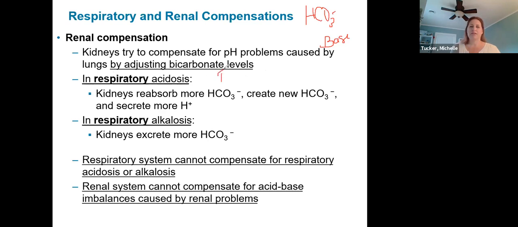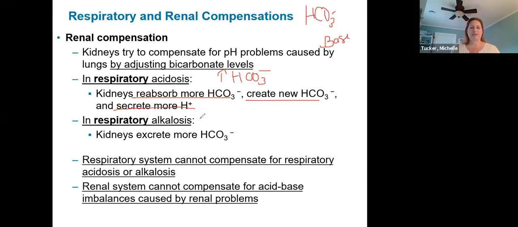So you want to increase bicarbonate. The kidneys will do this by reabsorbing and creating new bicarbonate and secreting more hydrogen ions. These three pathways are in 25.5 with three diagrams, and they're one of the things that I would recommend that you review.